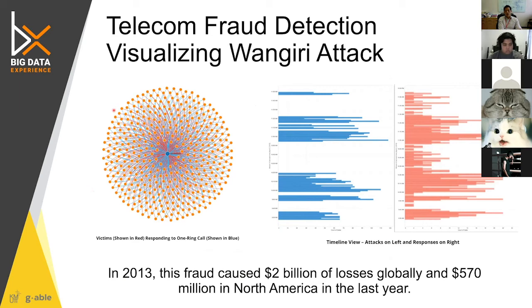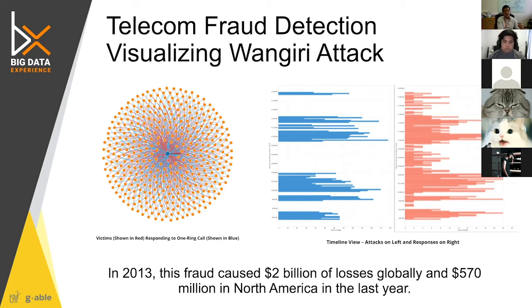This is called a Wangiri attack. That means this person gives a missed call to those around him, around this node, and some of the victims call back, and those who call back will incur a charge.